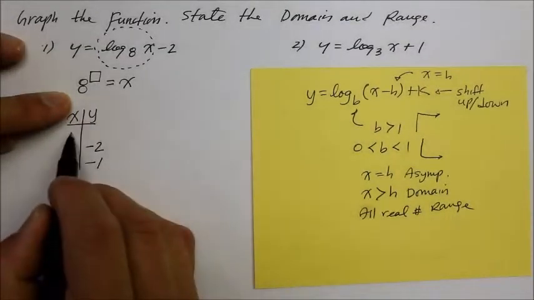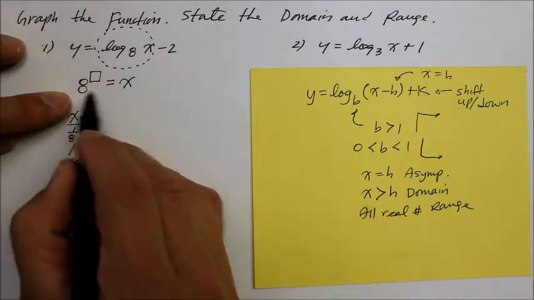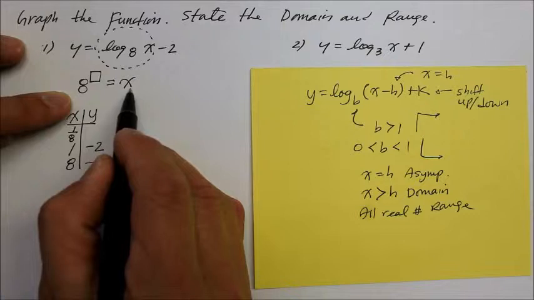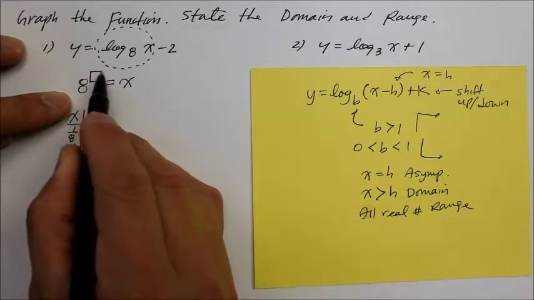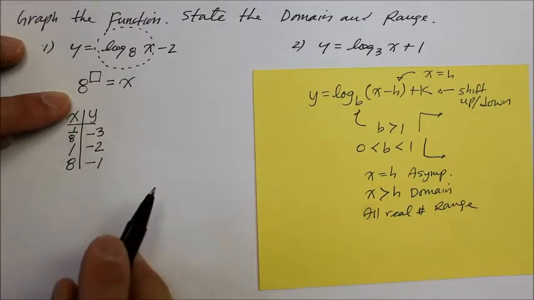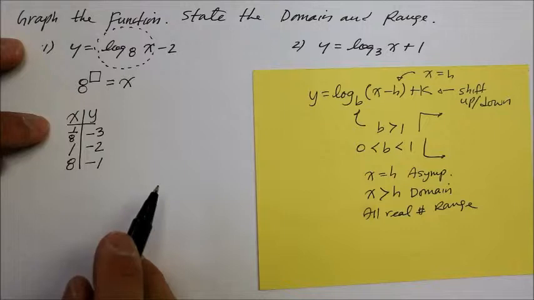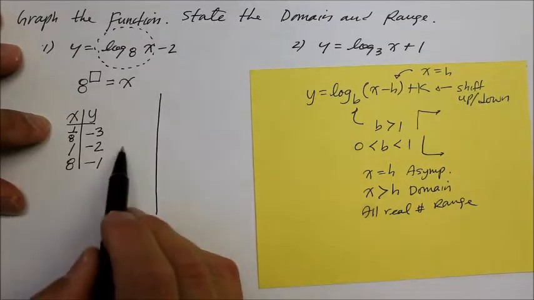How about 1/8? How would this base 8 become 1/8? If that exponent is negative 1. And that negative 1 combined with this constant negative 2 gives you negative 3. Now we're ready to graph. So here's my coordinate plane.